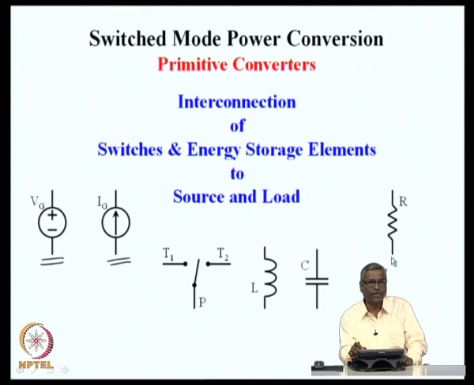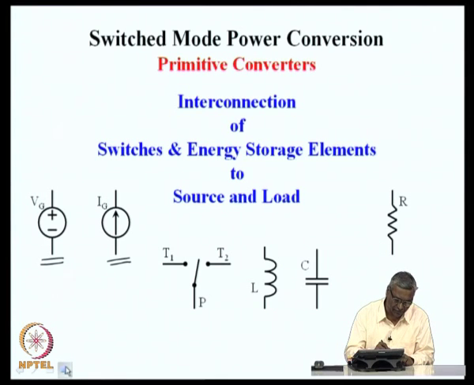While interconnecting the sources to the switch and the energy storage element and eventually to transfer the power to the resistive load, there are certain conditions which have to be honored. There are certain circuit principles which have to be followed, and those are the things that we will see first.